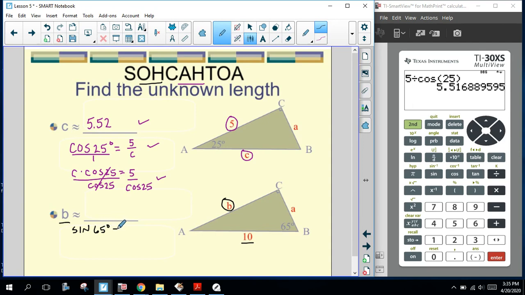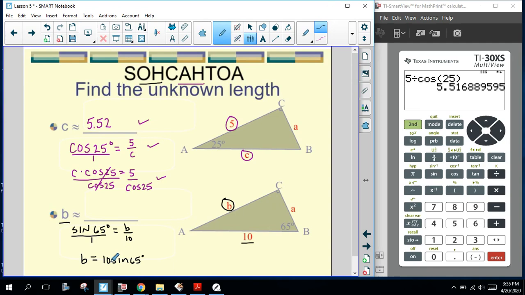And that's equal to the opposite side of B over the hypotenuse of 10. Well, this sine of 65, that's just a number. I can divide by 1 and set this up as a proportion. The product of the means is B. 1 times B is B. The product of the extremes is 10 times the sine of 65.